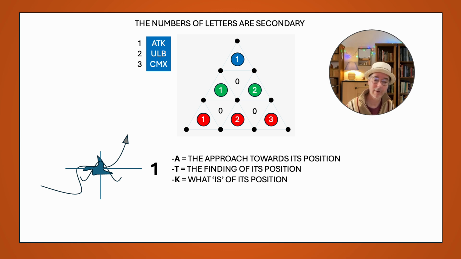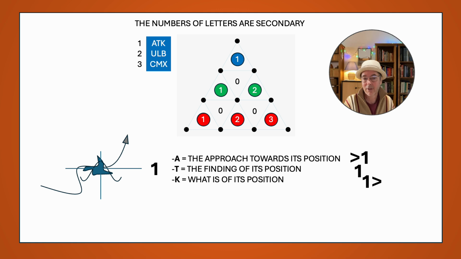So what do we have with the first 3 letters? The A was an approach towards a position. The T was finding its position. But the K says what it really is, what its position really is. And it's relative. So it's all associated in the Pythagorean order as 1.